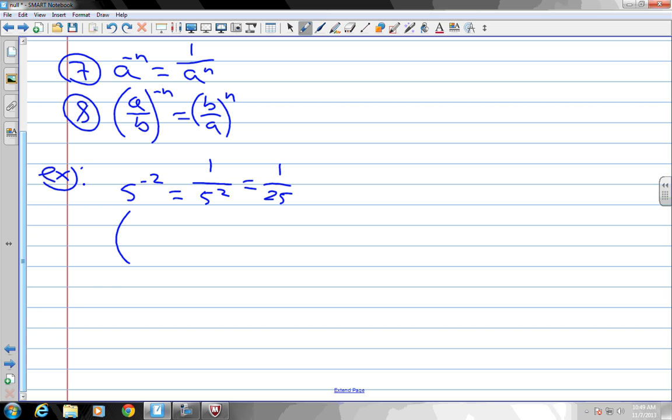If I give you something like this, 2/3 to the power -3, so it's 3/2 to the power +3, so that's 27 over 8, right?